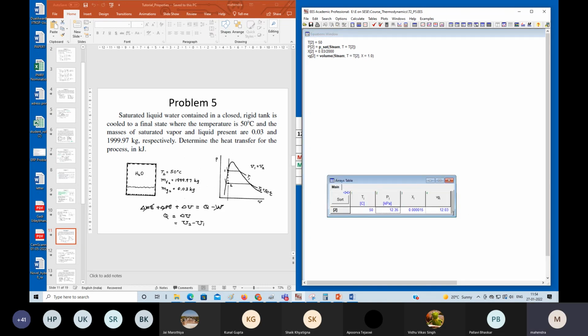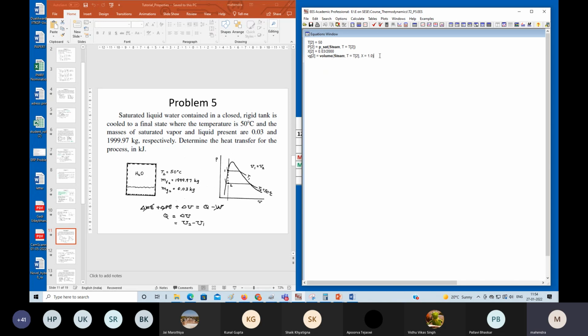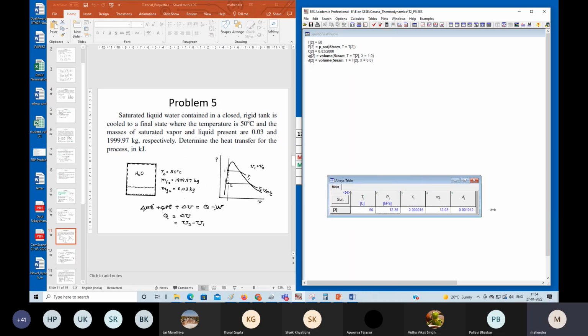So this is Vg. VL of 2 equal to the same thing, but however this x is 0. Okay, we are getting this.